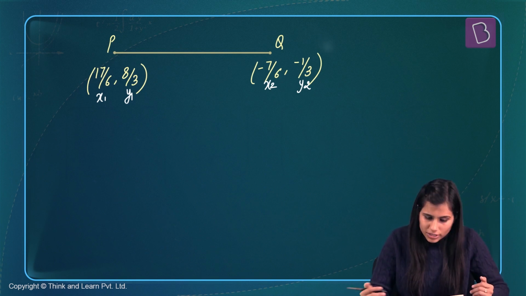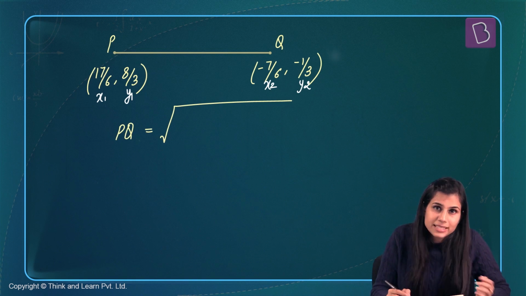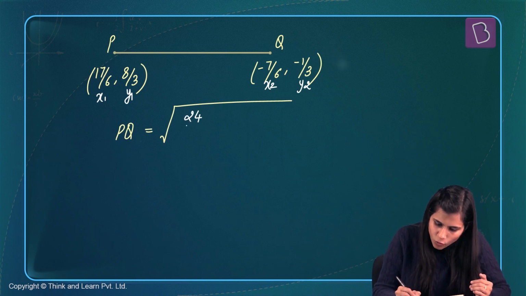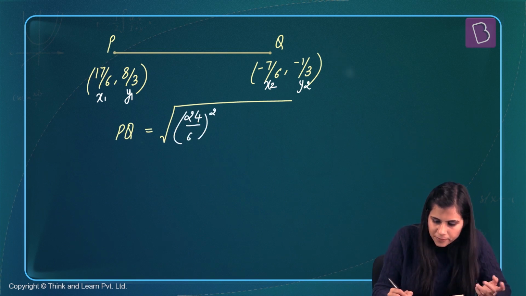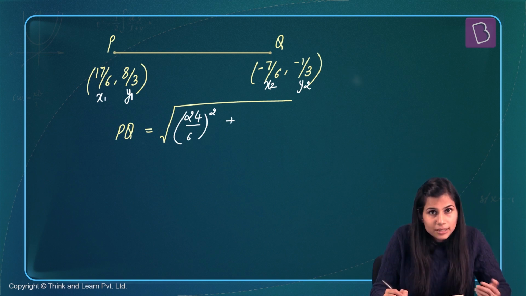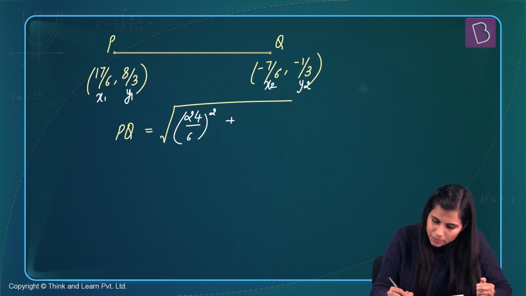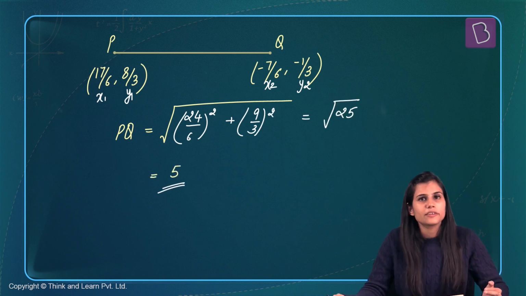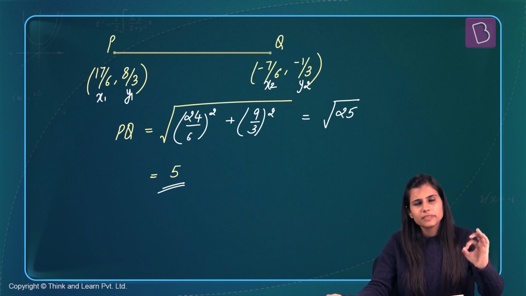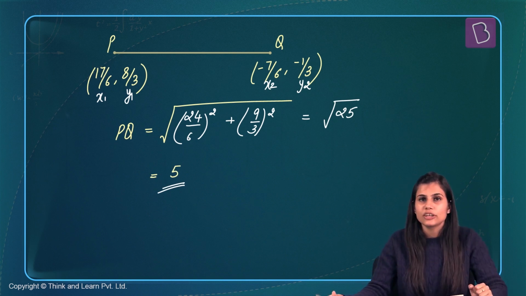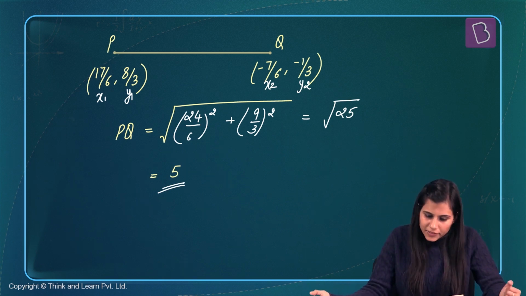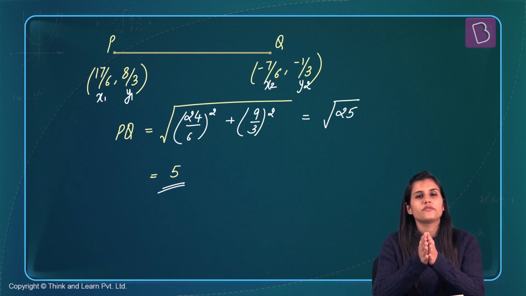This is going to give you 17 by 6 plus 7 by 6, that is 24 by 6 whole square, plus 8 by 3 minus of minus 1 by 3, that means 9 by 3 whole square, which is nothing but under root of 25, which is 5. Pretty question. The only thing to be decoded here was that P is the centroid of triangle ABC, and after that, the question was a child's play. The answer to this question is 5.